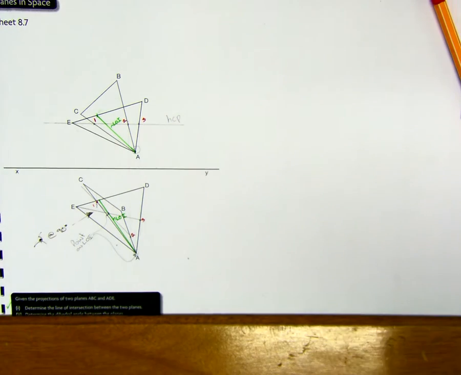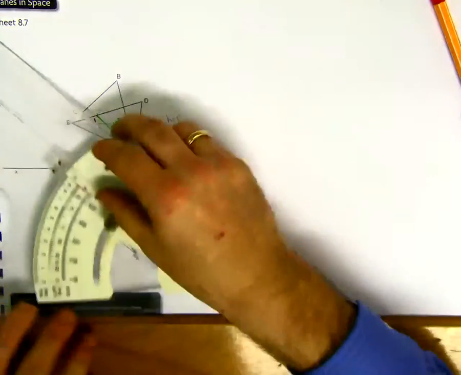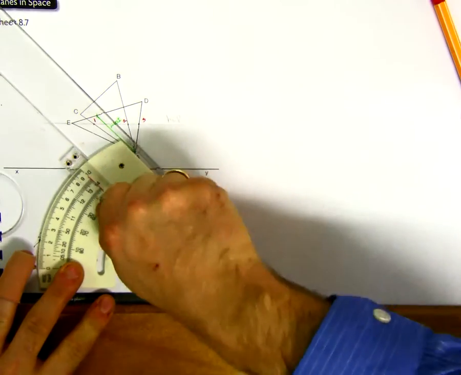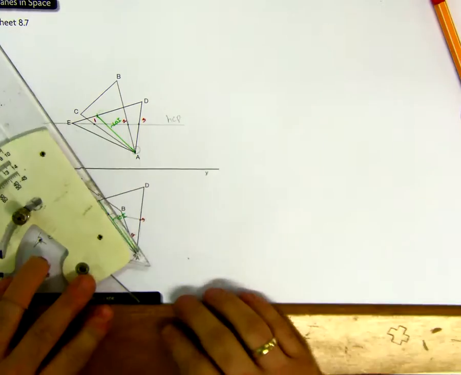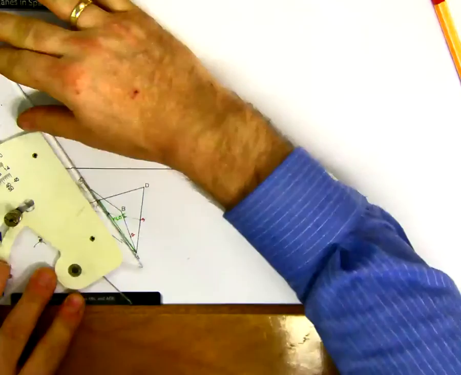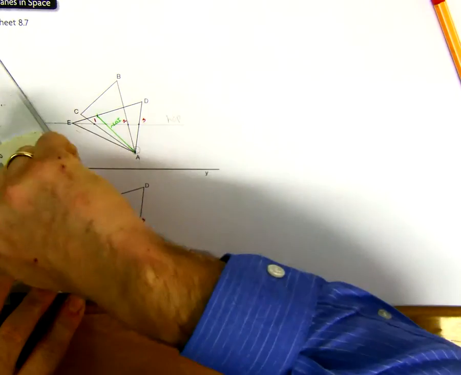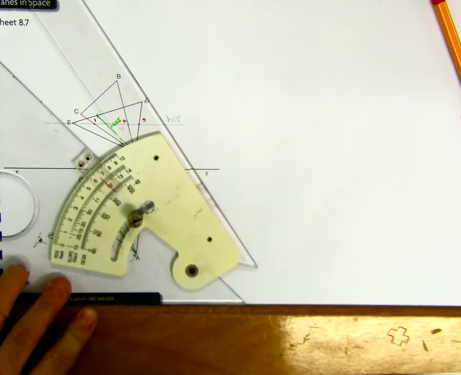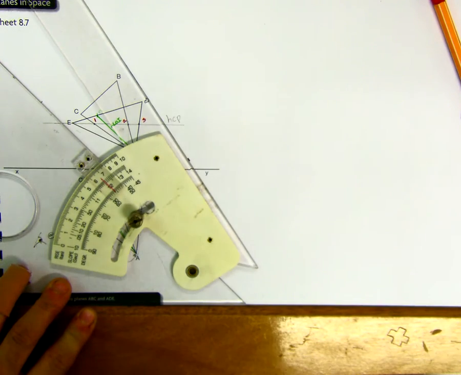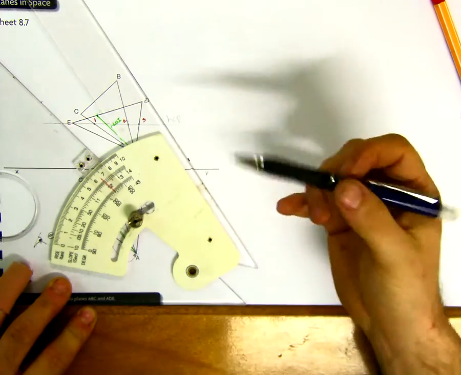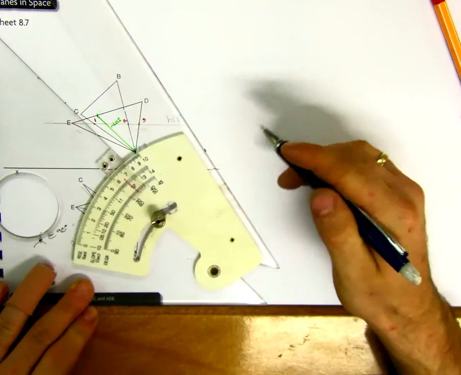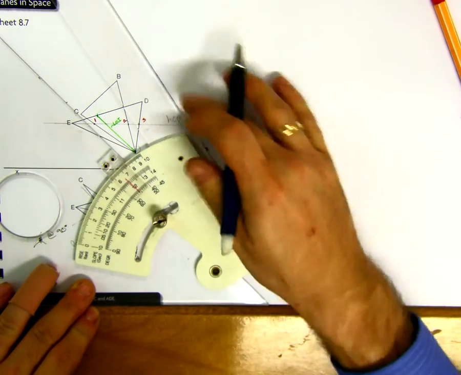So your adjustable set square is quite handy here. You can set it up parallel to your line of intersection, and then bring out your x1, y1. So we can bring it out here.